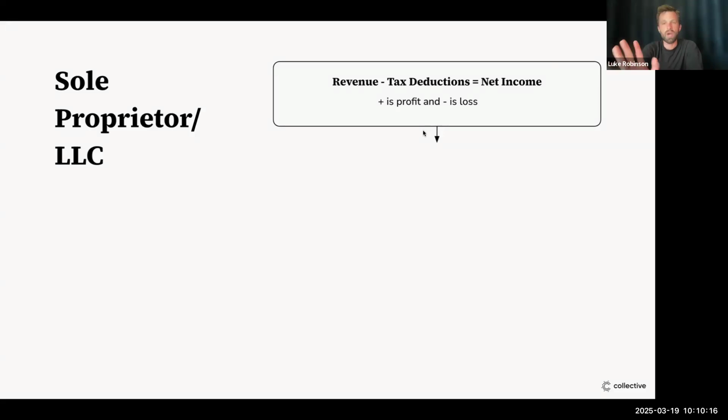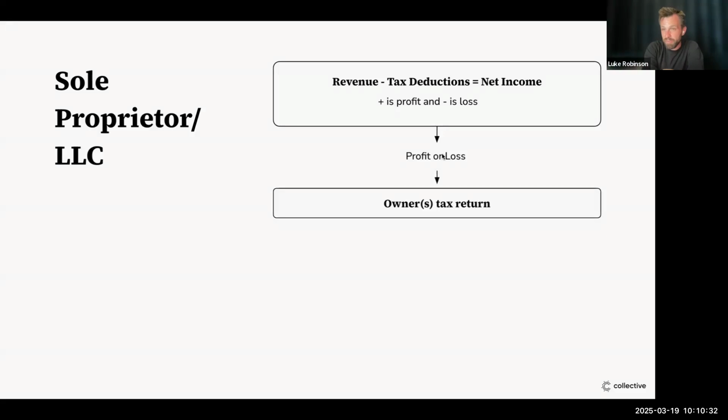If it's positive, you have a profit, of course. You have money left over after you've operated the business. If it's negative, you've got a loss, which means that the expenses, your business operations, were more expensive than the money you've made. Either that profit or loss is reported on your personal tax return, on your Schedule C of your personal return.